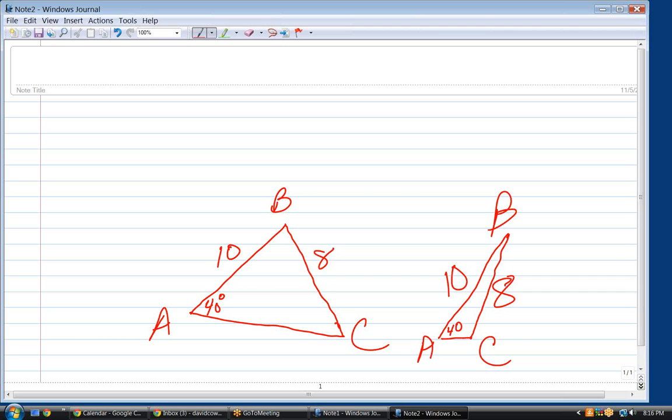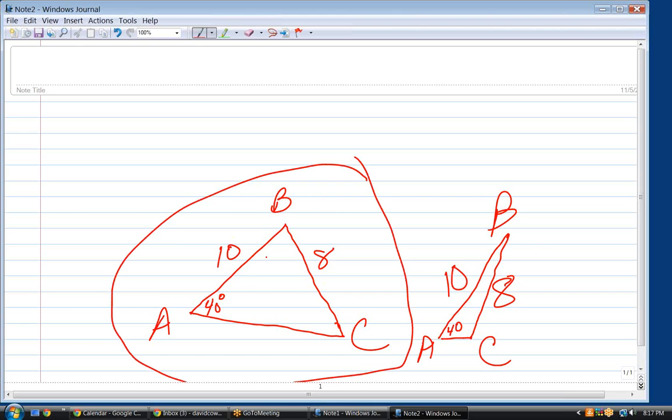This is called the ambiguous case of the law of sines, meaning that there are certain triangles, and it all comes down to the relationship between these two numbers here, that don't have just one solution. When you're solving triangles, they usually give you three pieces: one angle and two sides. Most of the time, this will produce a unique triangle only. But occasionally, if the relationship is right, you can get this triangle, but you can also get this triangle over here.